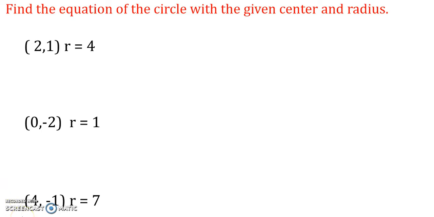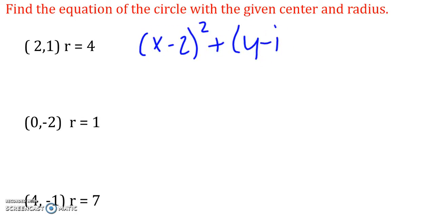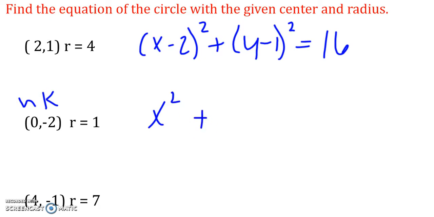So, first one, hopefully you got that it's minus, and it's squared, and it's y minus 1 squared equals, and not 4, but r squared. If this one's h and this is k, then we know it's x squared. I'm not going to put minus 0. Be careful with this one.